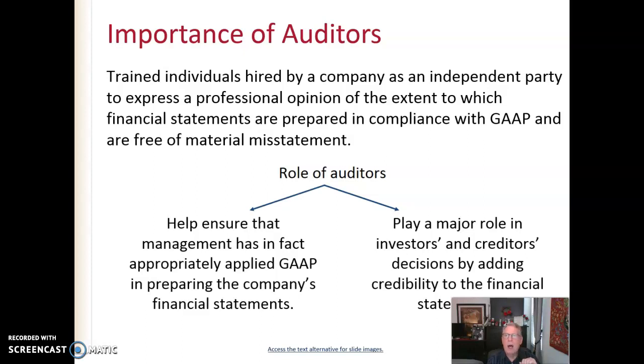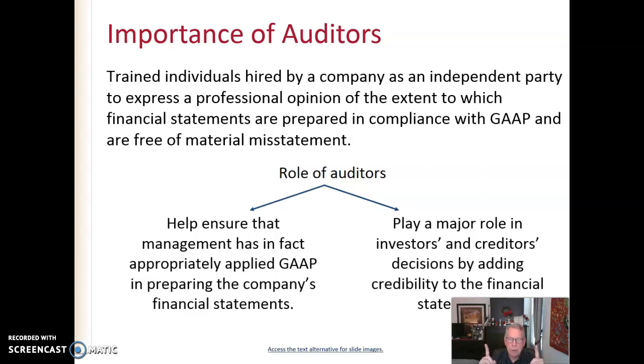Okay, the importance of auditors. Trained individuals, CPAs, certified public accountants, that's what that license allows you to do. Render an opinion on basically two things. Are the financial statements prepared in accordance with generally accepted accounting principles and free of material misstatement, as well as assessing the level of internal controls, which we'll get to later in the chapter.